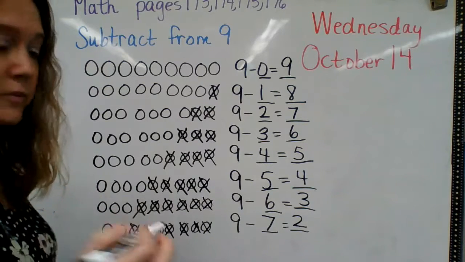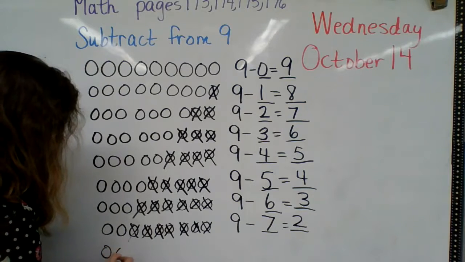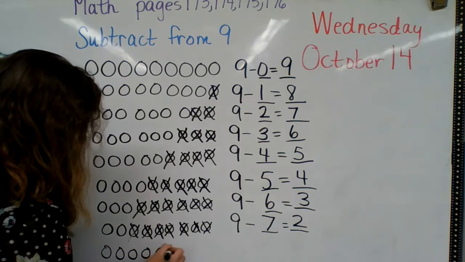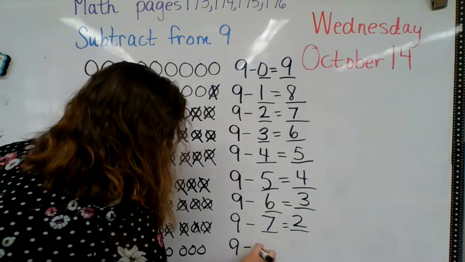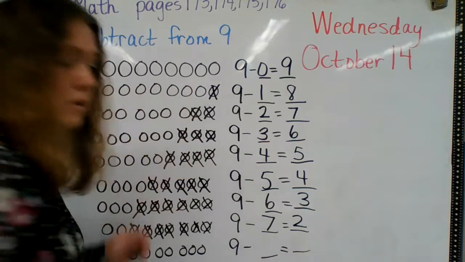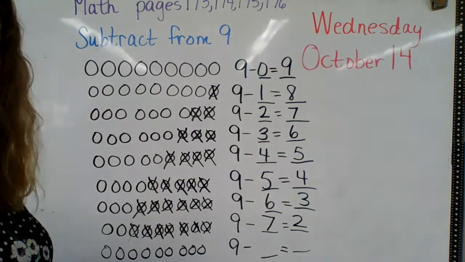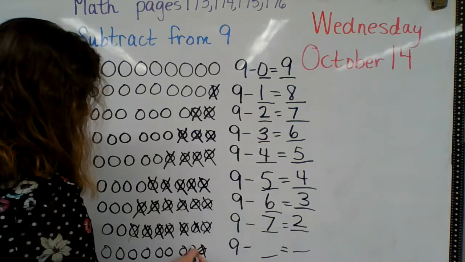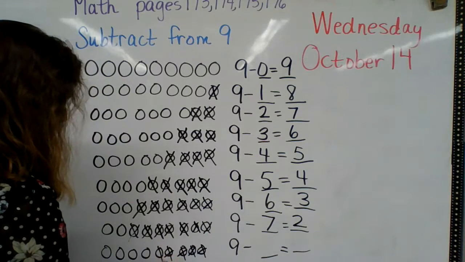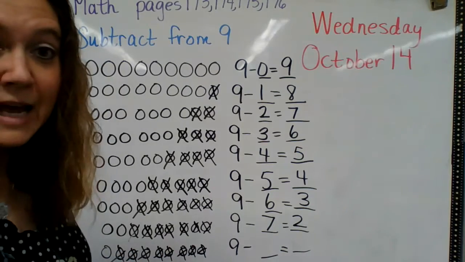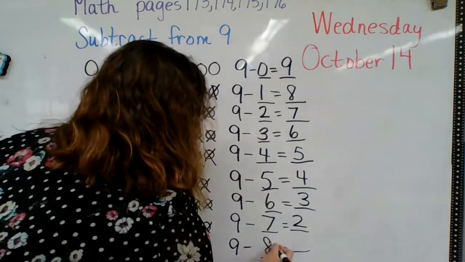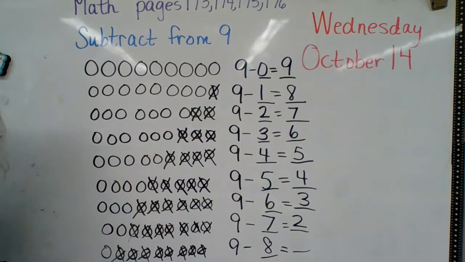2 more problems. Starting off with 9. Crossing off. How many are we going to cross off? 8. How many are left?